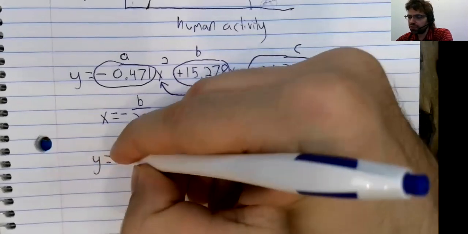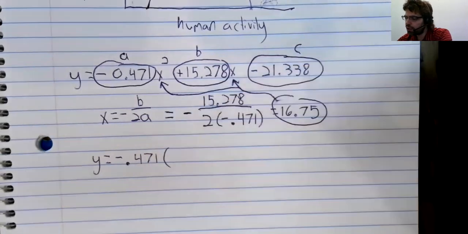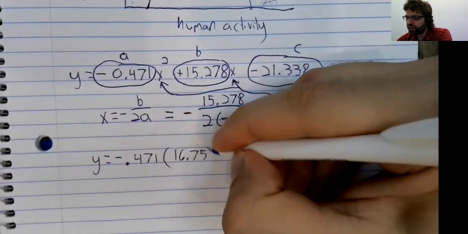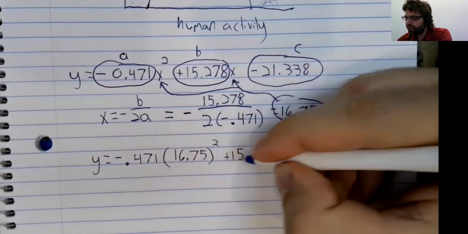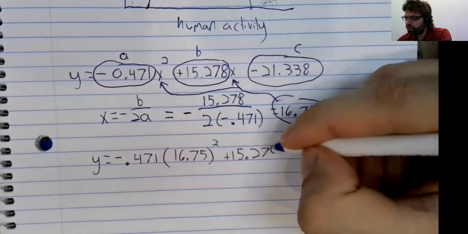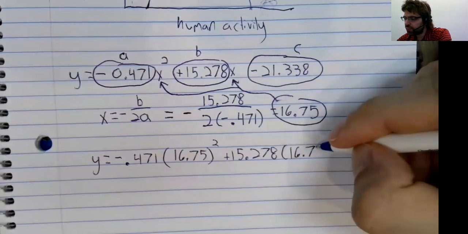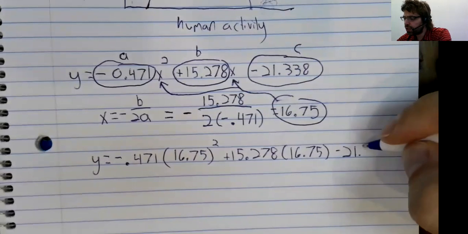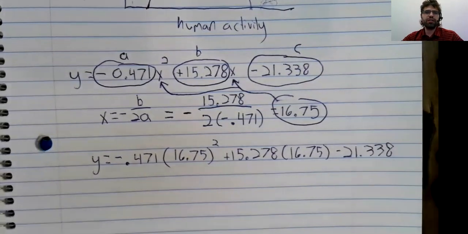Y equals negative 0.471 times 16.75 squared plus 15.278 times 16.75 minus 21.338.